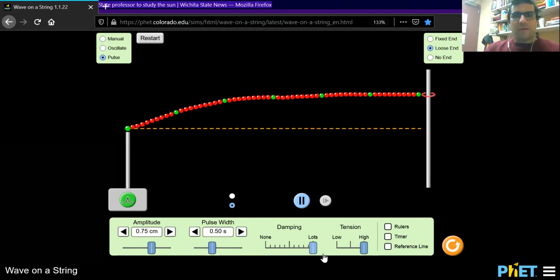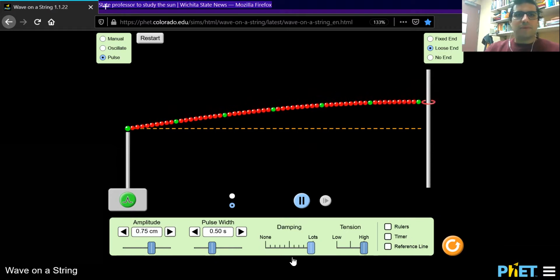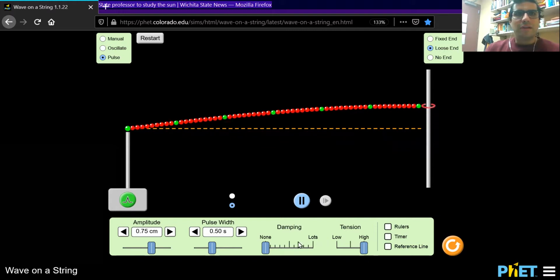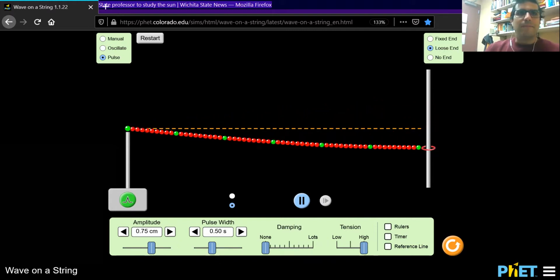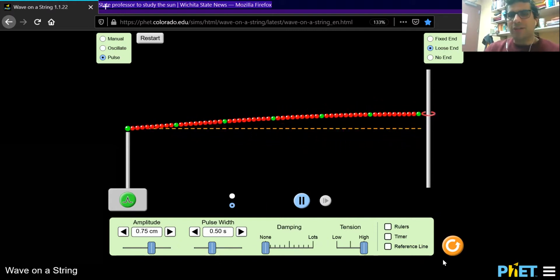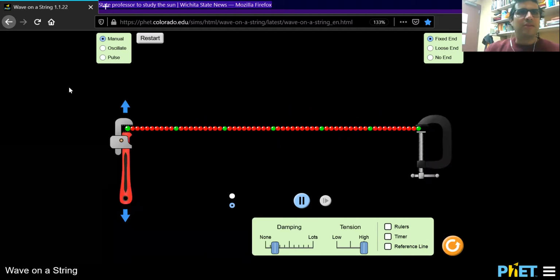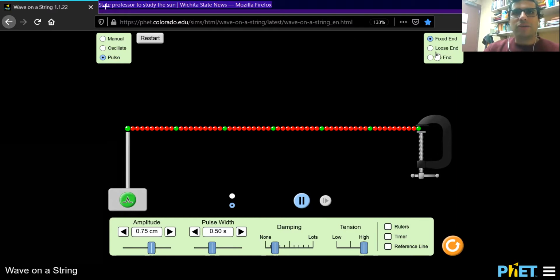So I'll get rid of this damping, cut out all the energy, and I'll send a couple more. Oh, geez. Interesting. Let me just reset it. So I think by resetting it, I have to change back to pulse, and I have to go back to loose end, undamp the thing. It's fine. Hopefully it'll be worth it when we see these two waves together.